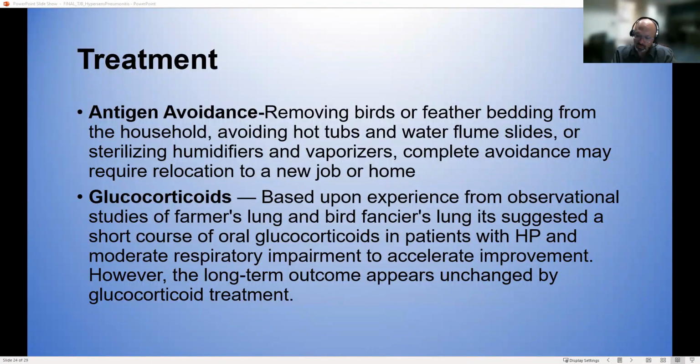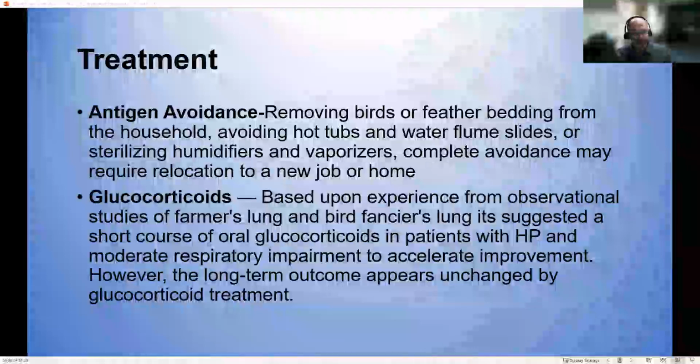Other things that would be down the line to talk to a specialist about are azathioprine, mycophenolate, MMF, mycophenolate mofetil, as well as monoclonal antibodies for those with fibrotic disease. That's down the line with specialists.